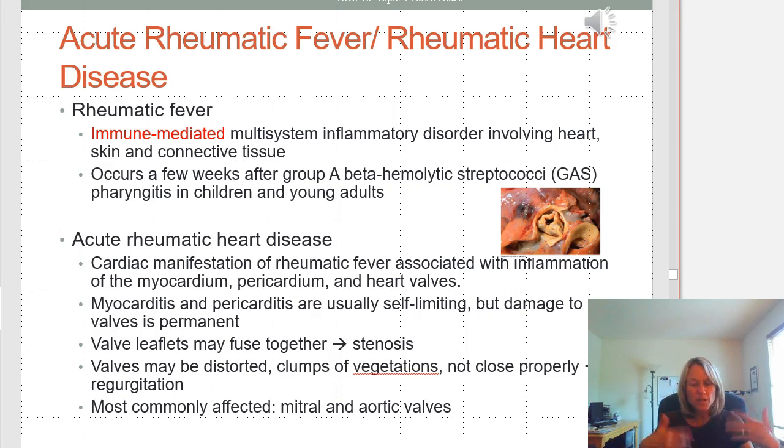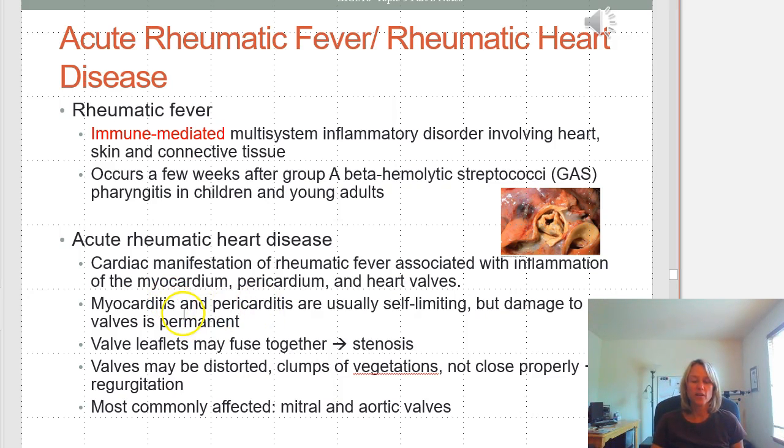The immune system ends up causing an inflammatory response, particularly in the heart. So it causes inflammation of the endocardium, endocarditis, myocardium, myocarditis, and pericardium, pericarditis.